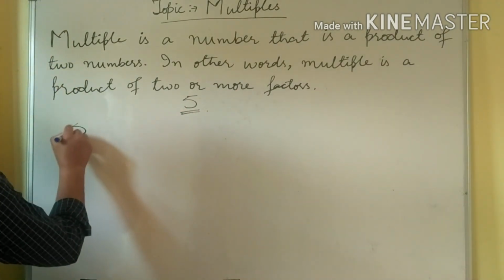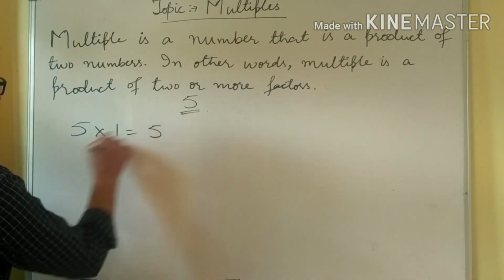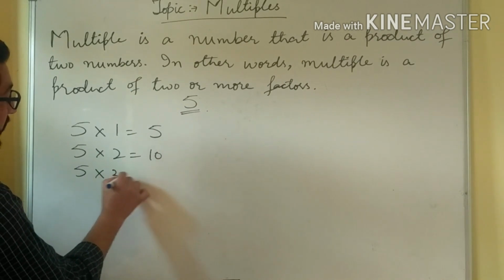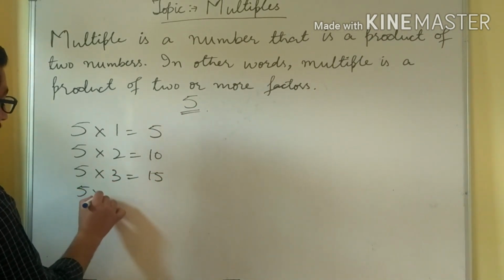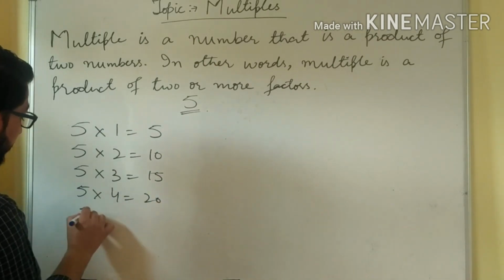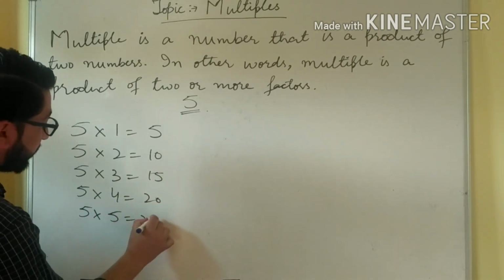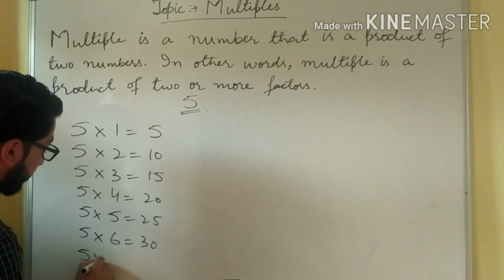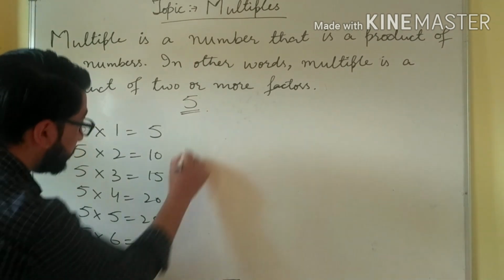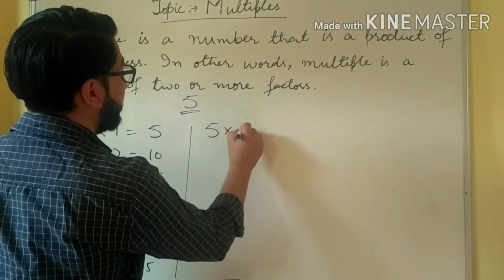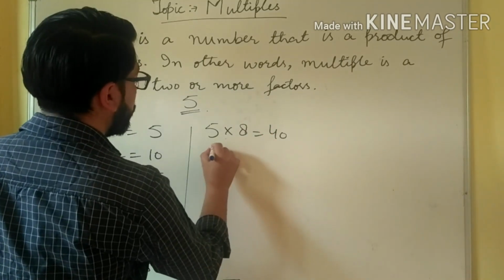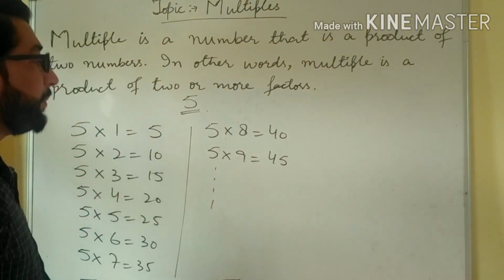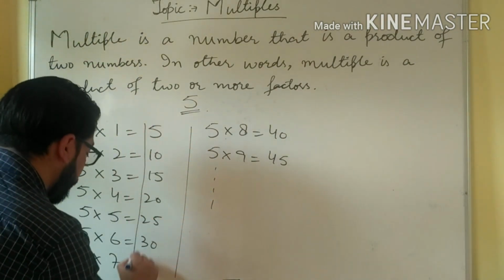In the same case, 5 multiplied by 1 is 5, 5 multiplied by 2 is 10, 5 multiplied by 3 is 15, 5 multiplied by 4 is 20, 5 multiplied by 5 is 25, 5 multiplied by 6 is 30, 5 multiplied by 7 is 35, and continuing 5 multiplied by 8 is 40, 5 multiplied by 9 is 45, and so on. So I am stopping here, and these are now the multiples of 5.